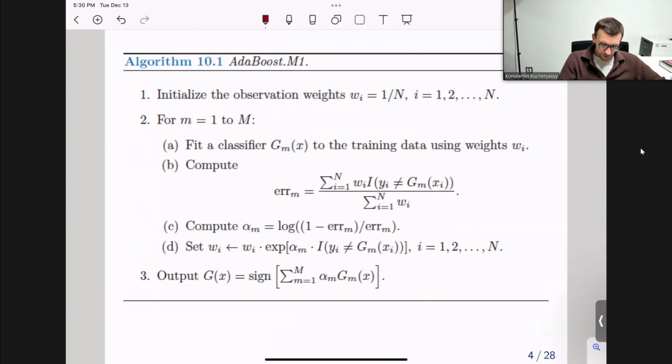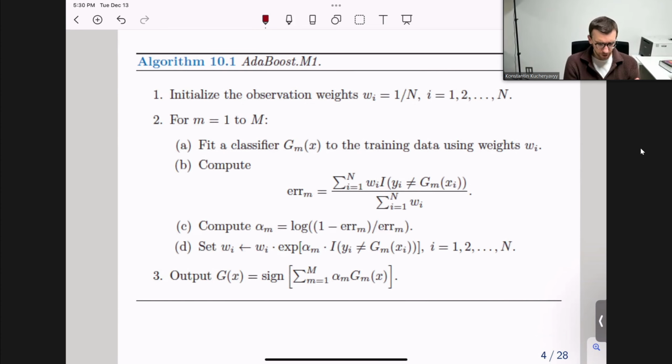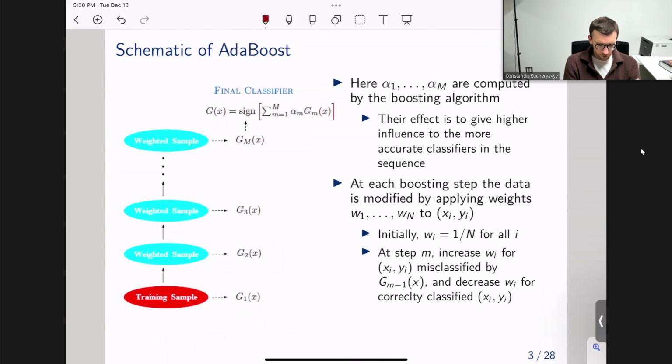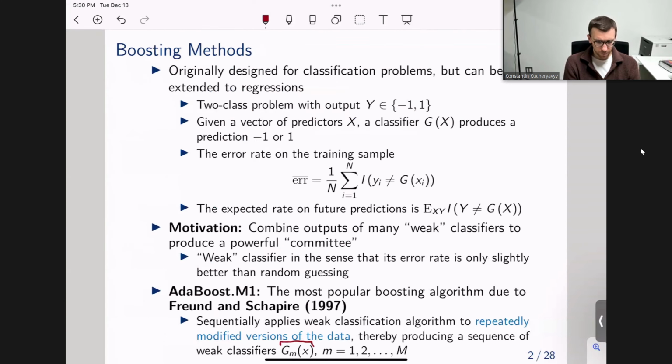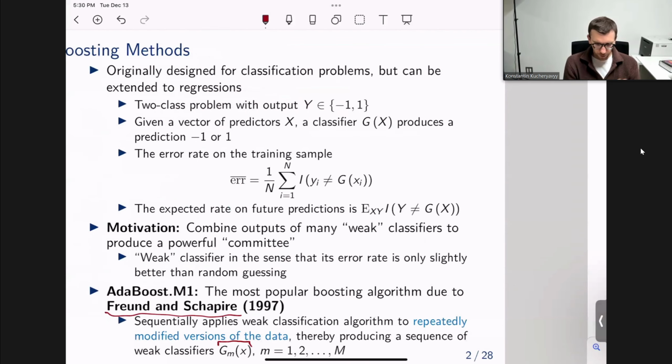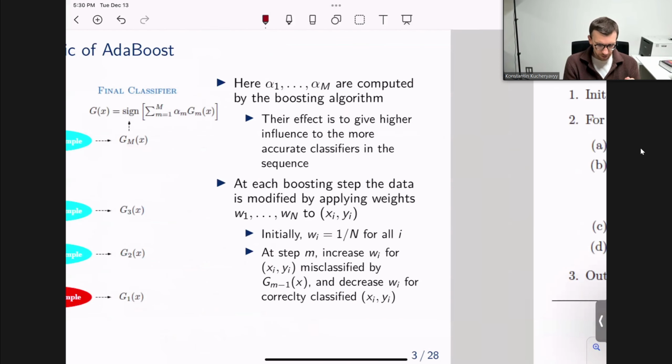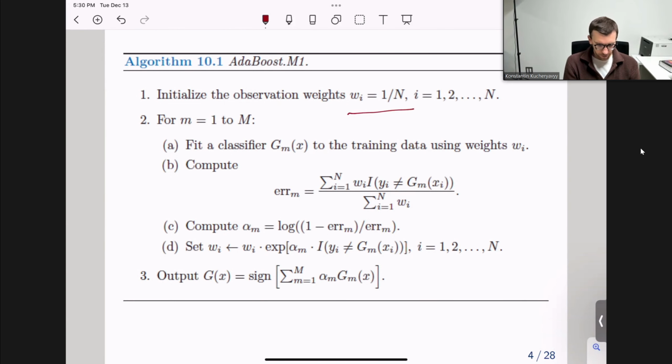Here's the algorithm of AdaBoost as it was formulated in this original paper by Freund and Schapire, 1997. So we start with weights 1 over n, then we go through the m weak classifiers from 1 to M. We fit a classifier to the training data using weights w_i.